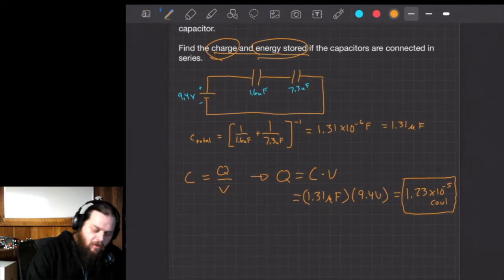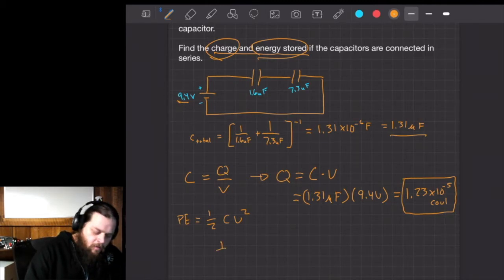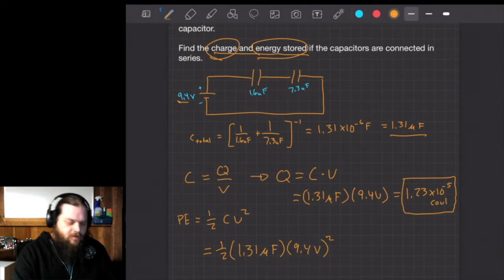The energy stored in there, we can use that the potential energy that's stored is equal to 1/2 CV squared. We know the capacitance is up here, and we know the voltage is 9.4. So it's just a little bit of plug and play. This is equal to 1/2 times 1.31 microfarad times 9.4 volts squared. Now let's see what that's equal to.